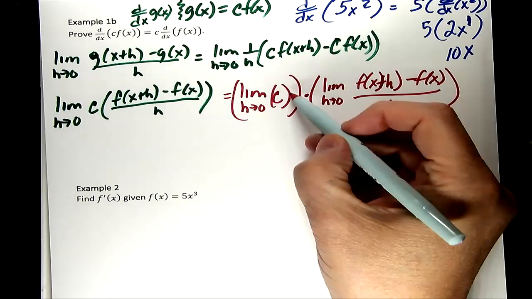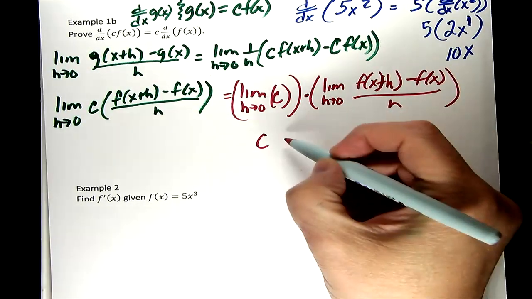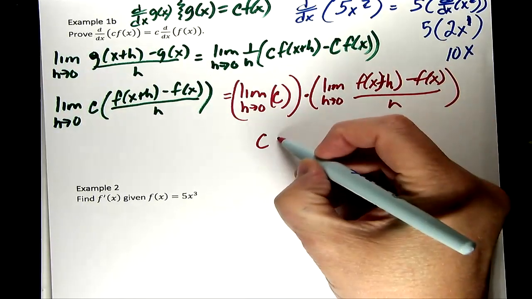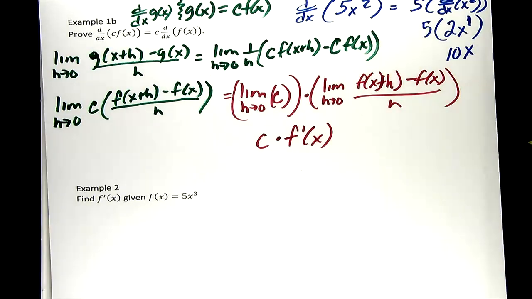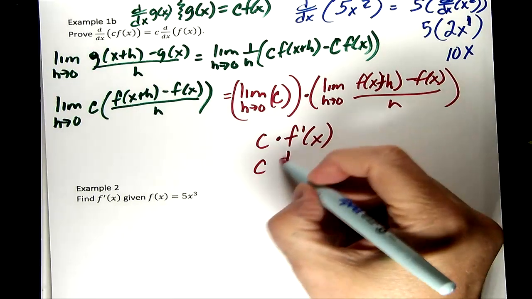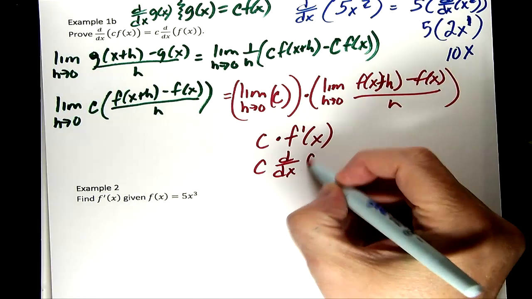There's no h in it, so this is just c. And that's the definition of f prime of x, or d/dx of f of x.